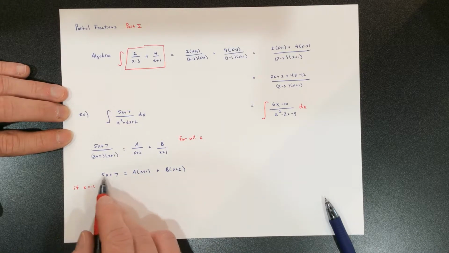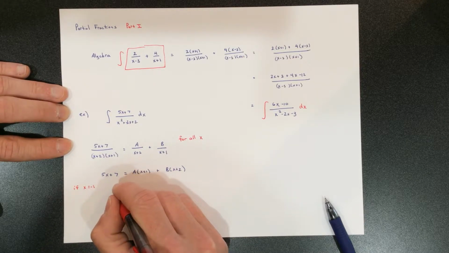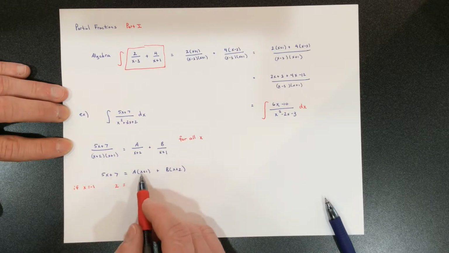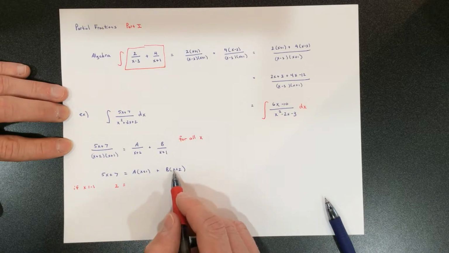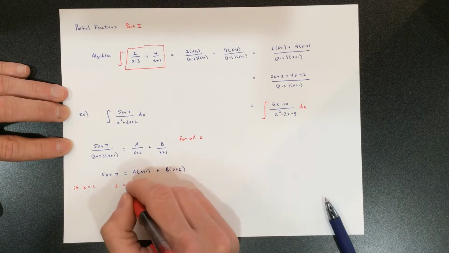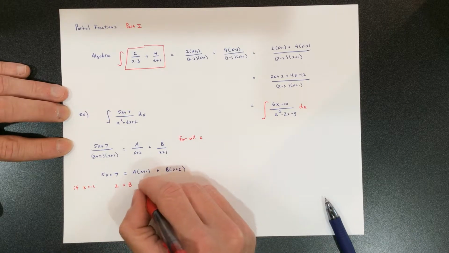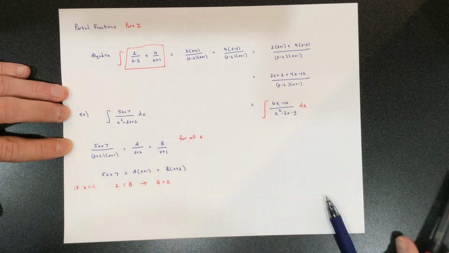When x is negative 1, this is equal to 2, right? Negative 5 plus 7 is 2, and look what happens. If I put a negative 1 in for x, this is a 0. 0 times a is 0. A negative 1 in for x here just makes this 1 times b, and I get 2 equals b. Oh, sweet. Look at that. I already know what b is. B has to equal 2.